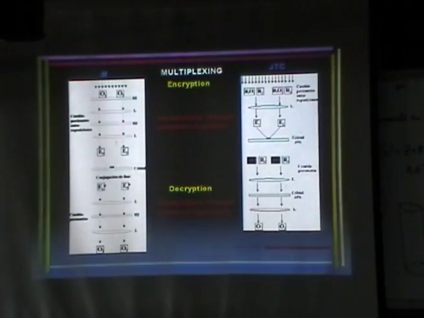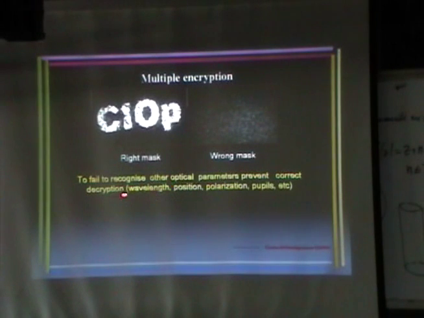Well, for instance, which parameters can we use? Wavelength, position of the key mask, polarization of the light, or the size of your pupil. Position of the key mask, the second mask.